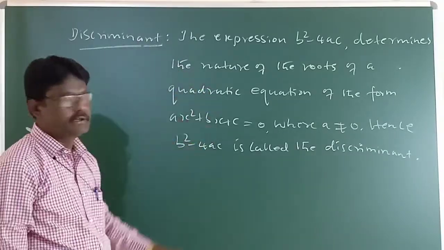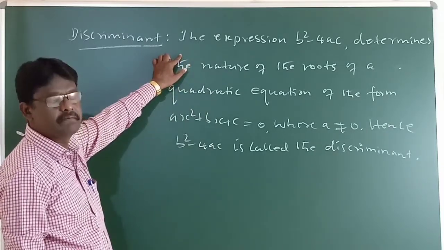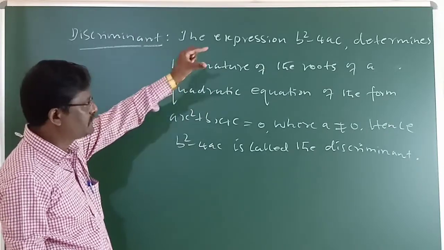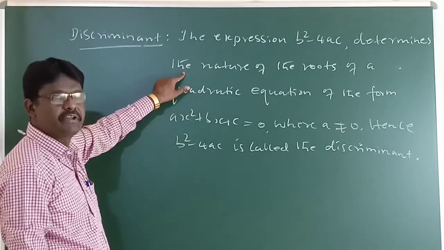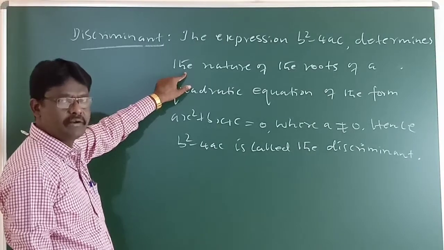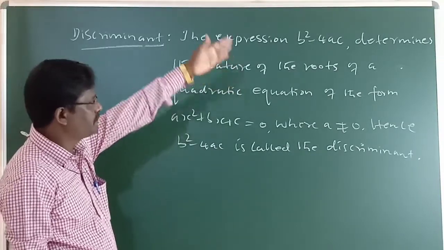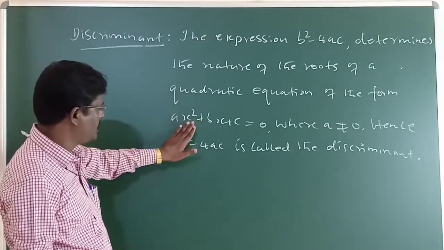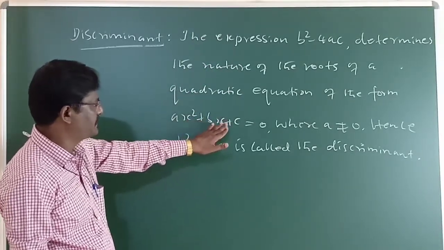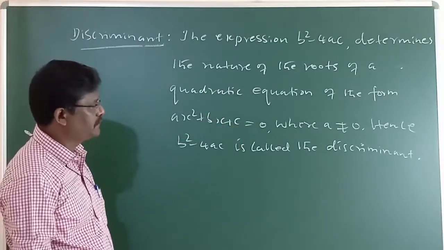Now we shall define the discriminant. The expression b square minus 4ac, which we have in our quadratic formula, determines the nature of the roots, whether real or not real. That is decided by b square minus 4ac of a quadratic equation of the form ax square plus bx plus c equal to 0, and we know the condition a not equal to 0.